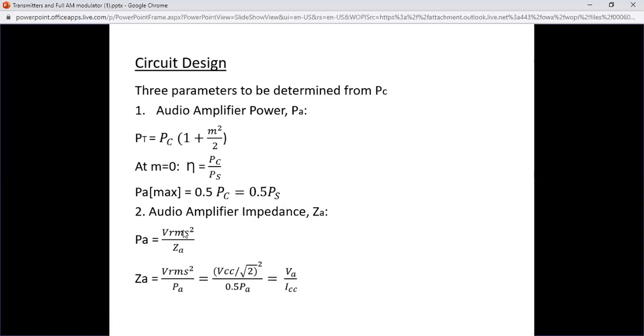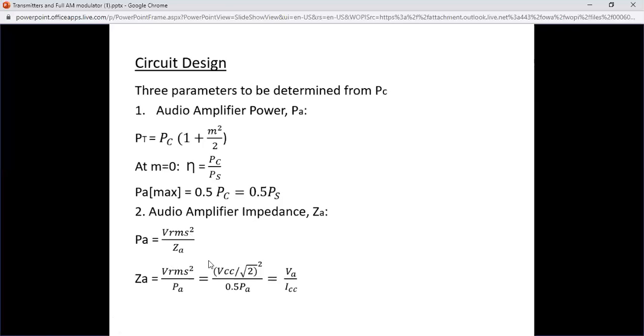Now for the audio amplifier impedance, it will be calculated using the power at the transformer. The power at the transformer is equal to VRMS squared over ZA. Assuming maximum power, all the power goes to the transformer side and not the amplifier.